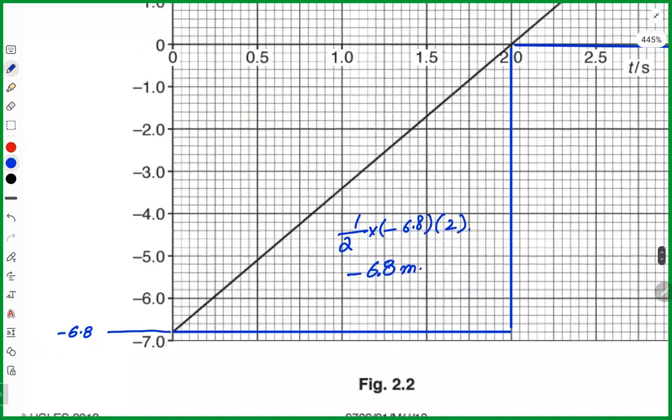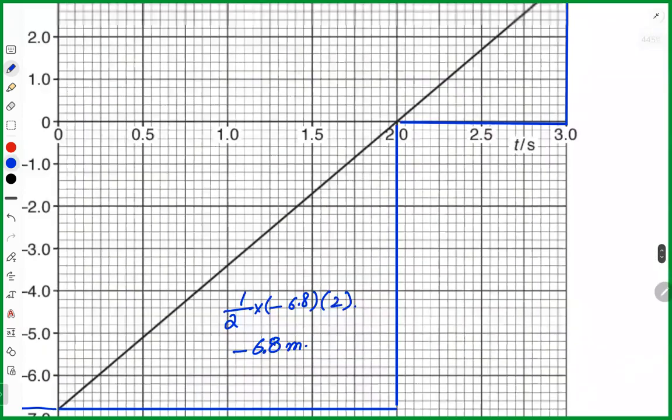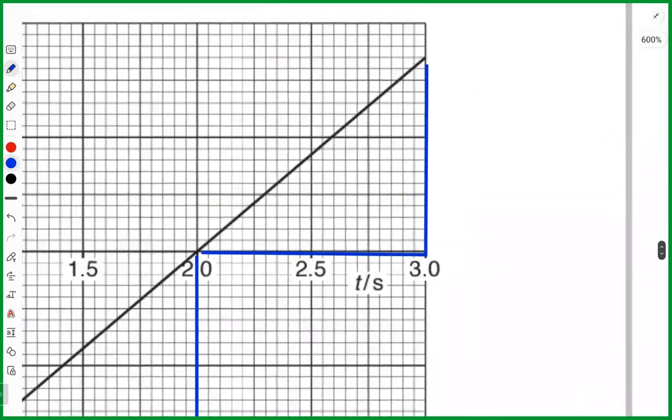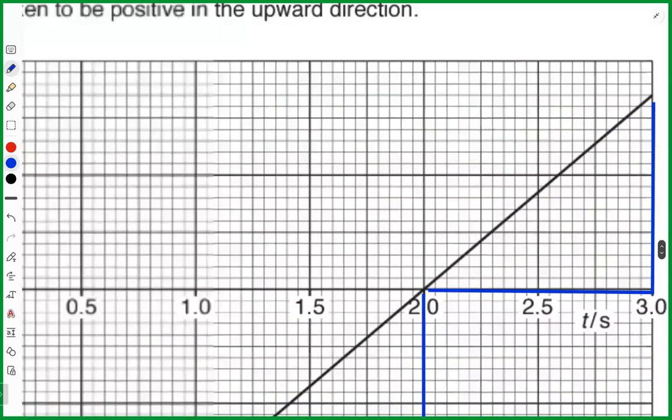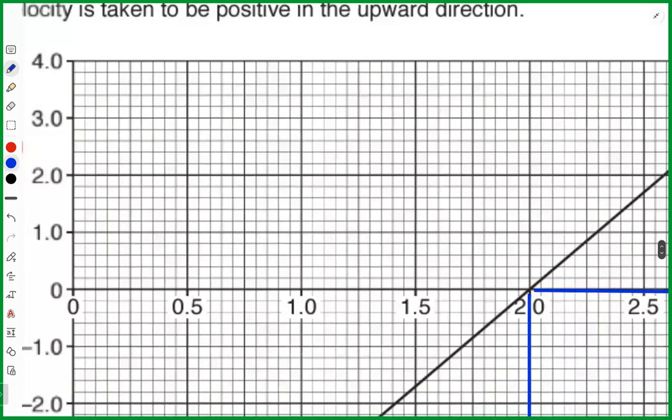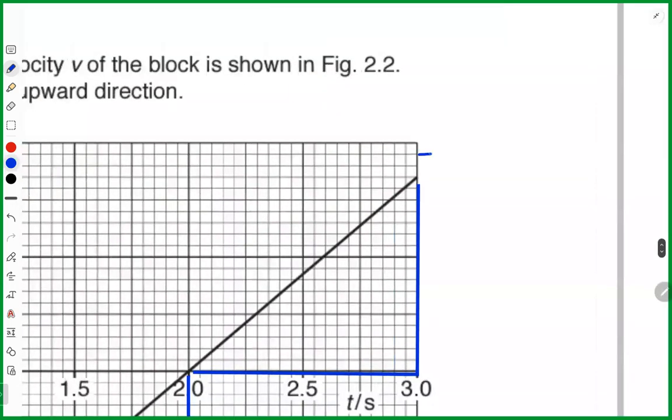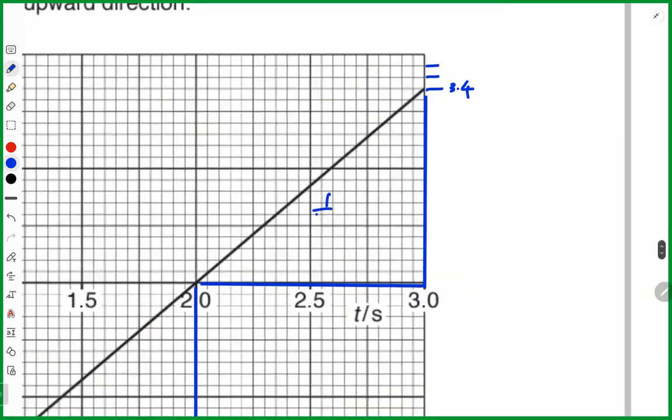Now, how much distance is this one? It will be 1/2 into 3.4 into 1, so that's 1.7 meters.